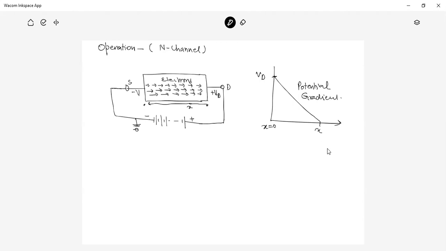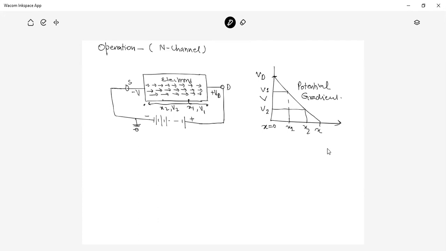And due to this potential gradient, if we consider any 2 points, this point is x1 and the corresponding potential is V1, and this point is x2 and the corresponding potential is V2.